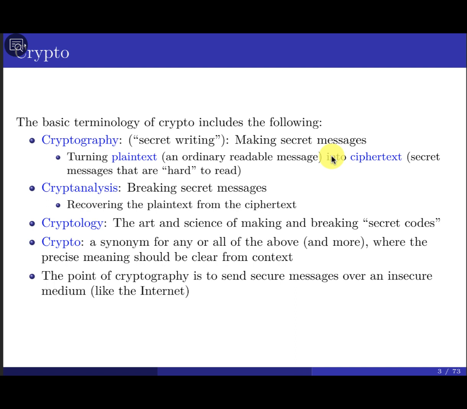Before I go into that, let's start with cryptography. What's the definition when you hear cryptography?